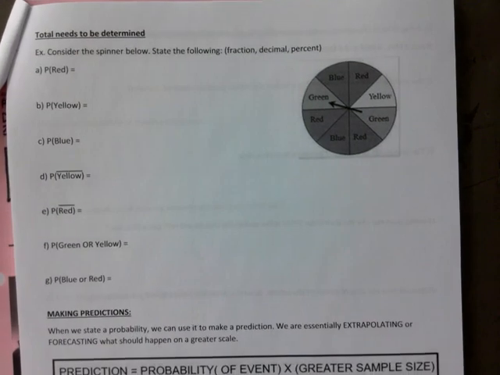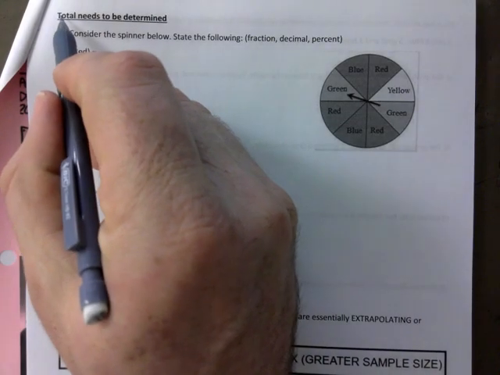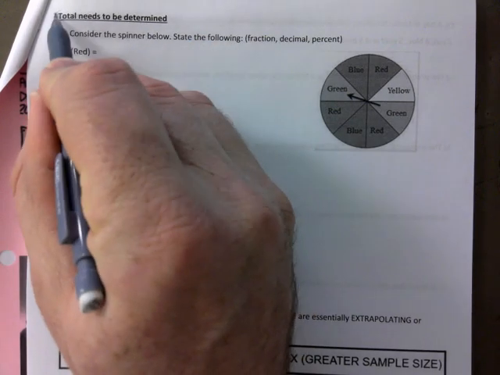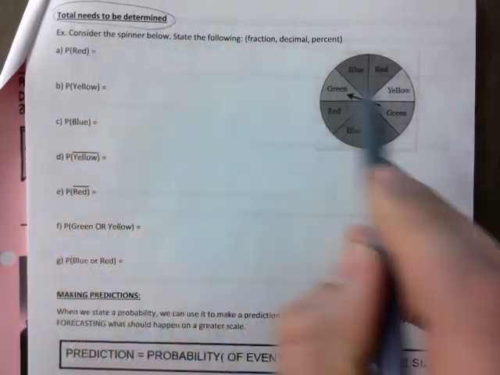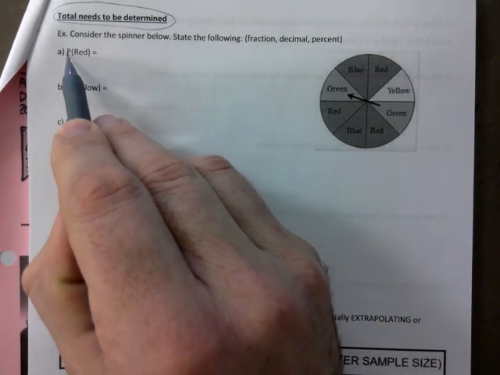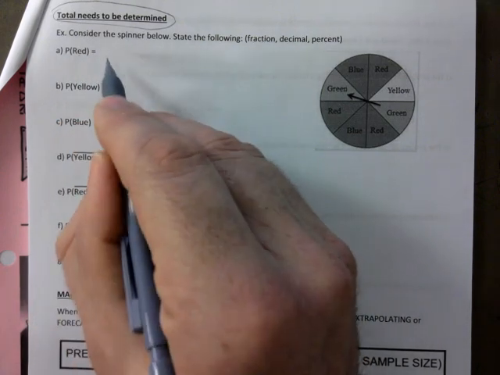I'm going to let you do a few of these here. So watch this, guys. Watch what it says here. The total needs to be determined, right? It's saying here, consider the spinner below. What's the probability that it will land on red? You need to be able to read it that way.